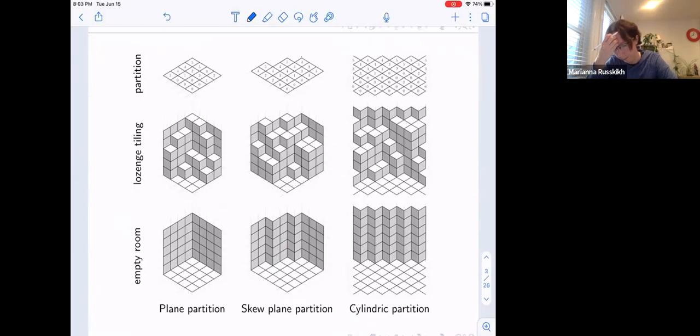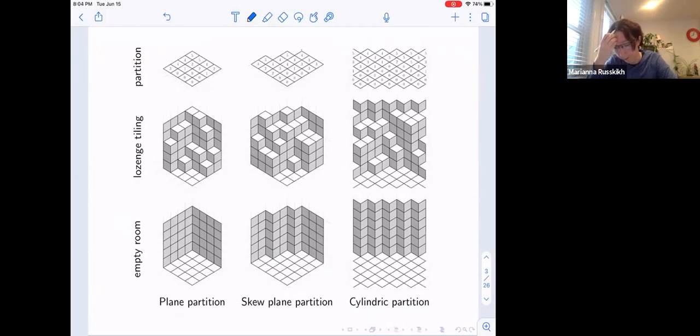Okay, so a plane partition is a way of filling boxes of the square grid in a quarter plane with non-zero integers in such a way that when we move to infinity in the directions of the grid, the numbers do not increase, and we also ask that the total number of non-zero entries is finite.